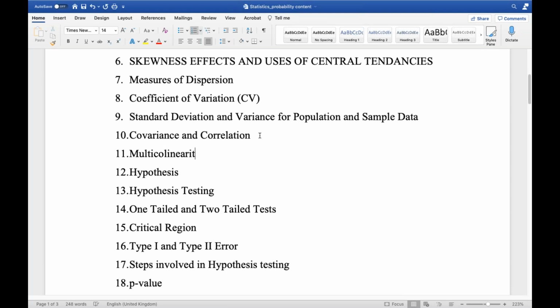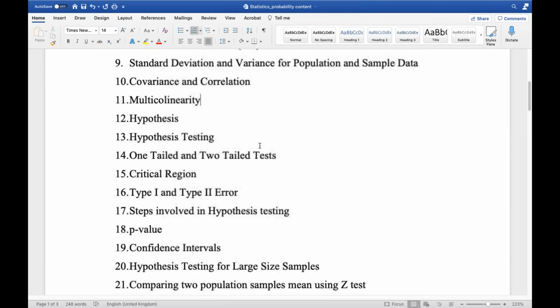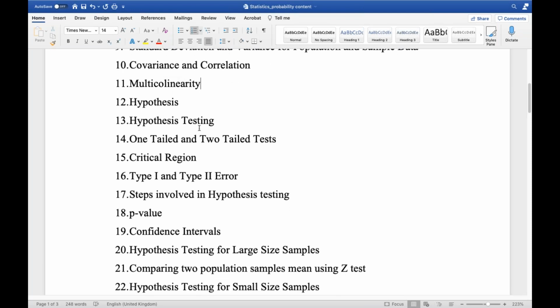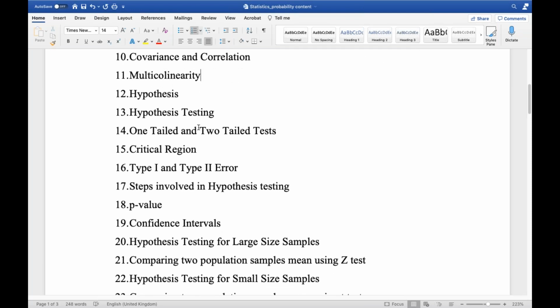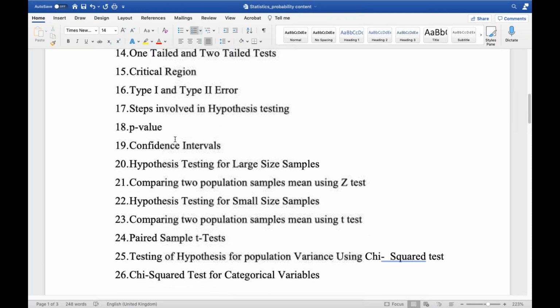Multicollinearity. Okay, multicollinearity, and homoscedasticity and heteroscedasticity. Okay, those things we have. If I miss something, I would like to share it over here. Yeah, so then, what is hypothesis testing, one-tail and two-tail tests, the critical region, type 1 and type 2 error, and the steps involved in hypothesis testing.